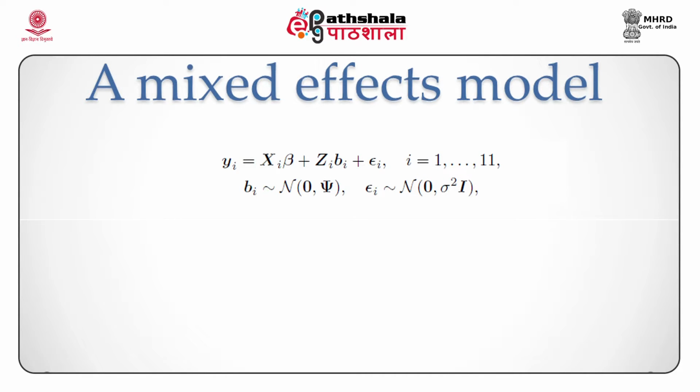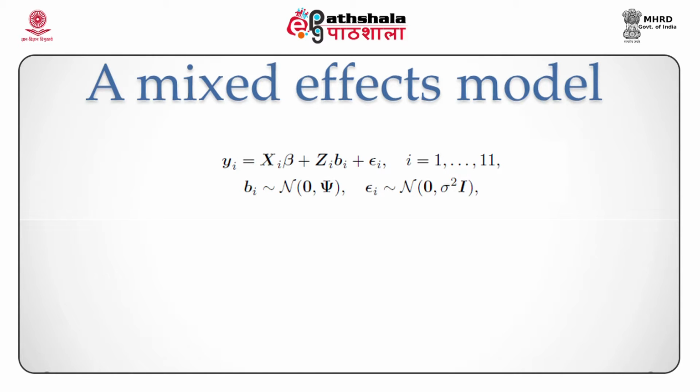We assume that beta refers to fixed parameters and the bi's are random effects, which are assumed to have a multivariate normal distribution with mean vector 0 and dispersion matrix psi.